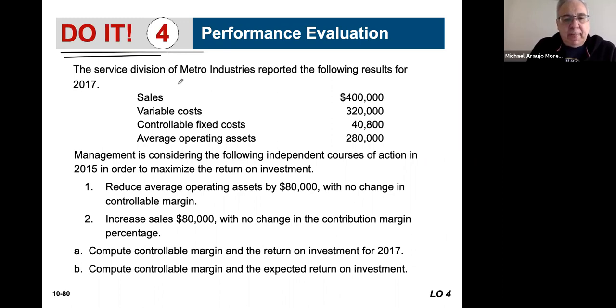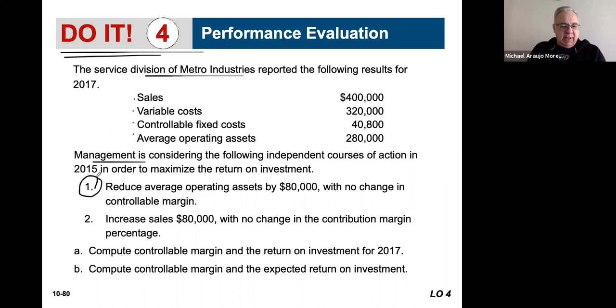So here's your do it exercise to end today. We have our service division of Metro Industries report the following results. Sales are 400,000, variable costs 320, controllable fixed costs at 40,800, average operating assets of 280. Management is considering the following independent courses of action. So you're going to figure out each one separately.